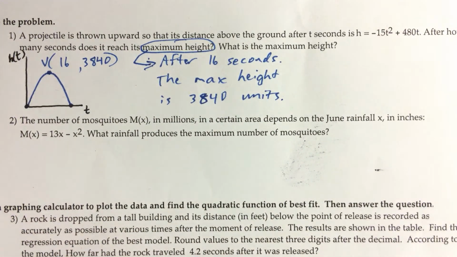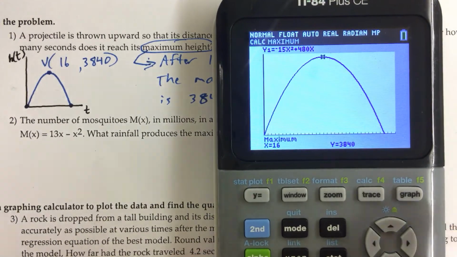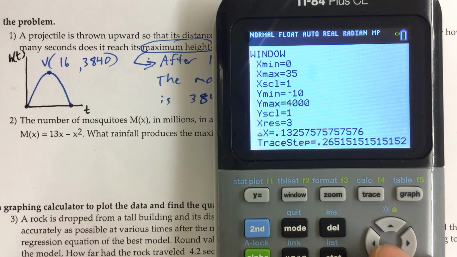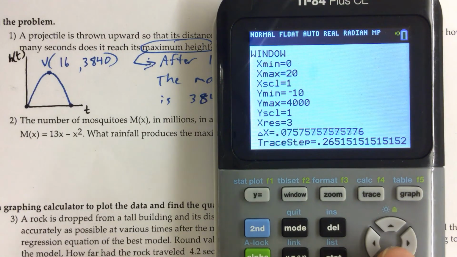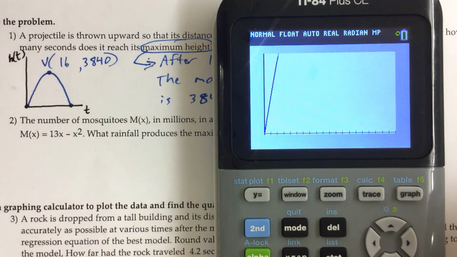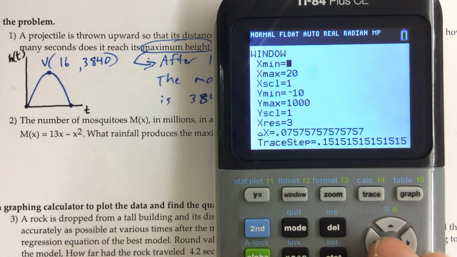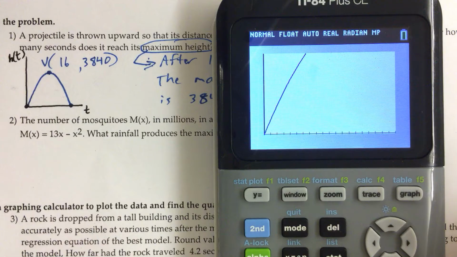Now, I did mention there are some other ways to find the window. The other way I would mention is just guess and check. If I check 20 seconds, let's say, and at first guess, I checked 1,000 as a max, and then I get that. So again, just checking, maybe 2,500, just guessing and checking.